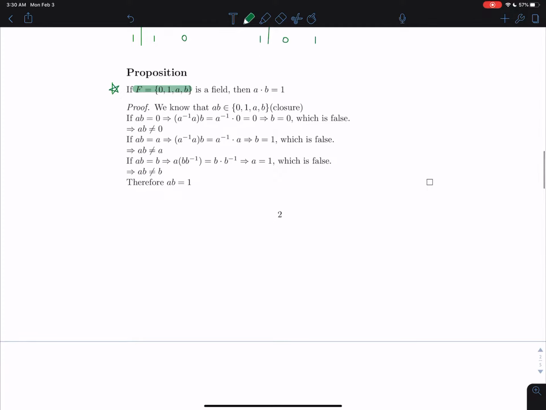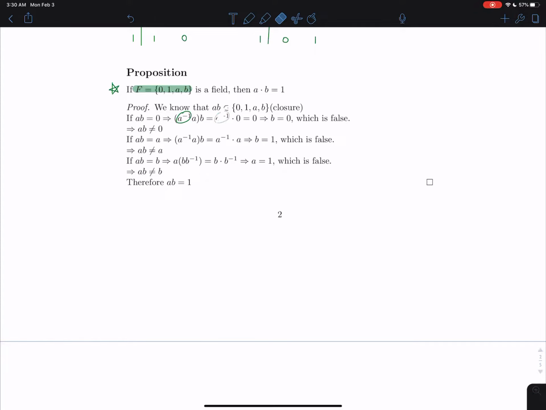So we know that a times b has to be closed under multiplication, which means a times b is either 1, 0, a or b due to closure. So let's suppose a times b is 0. If you multiply the reciprocal of a on both sides, again, you can only multiply both on the same side, not one on the left and one on the right.